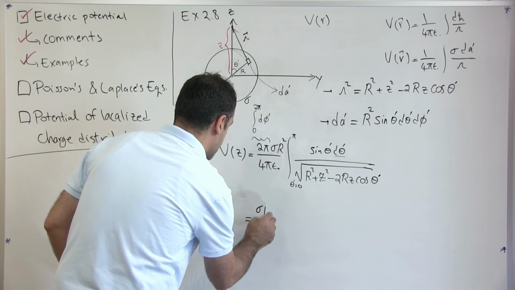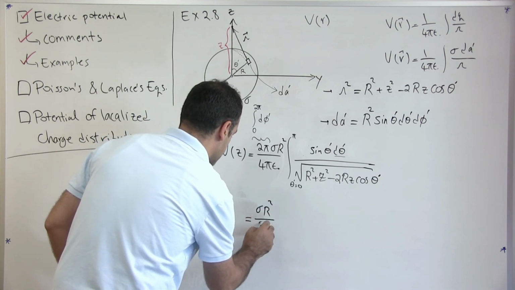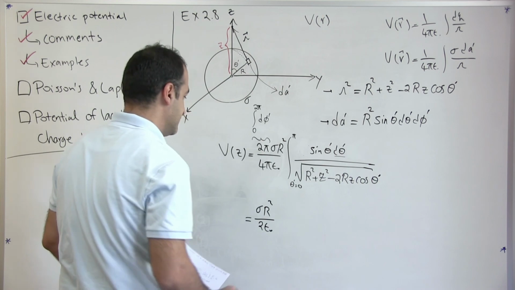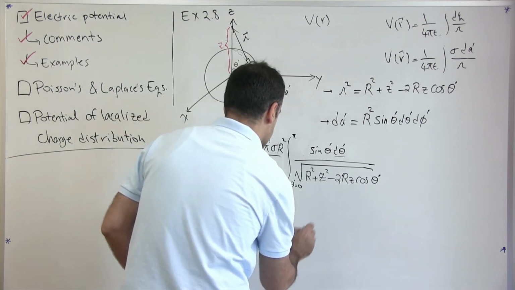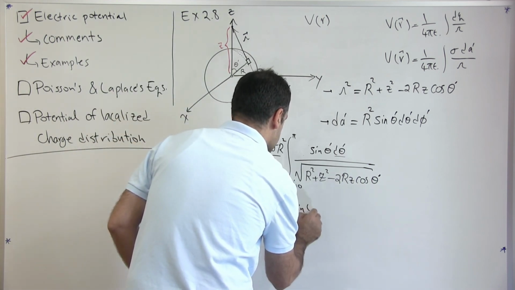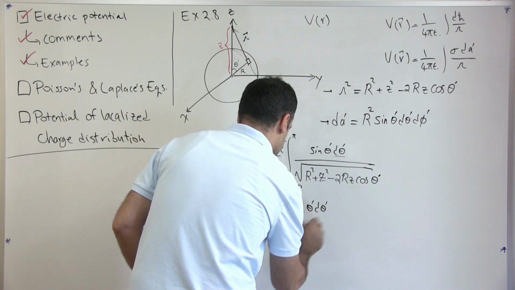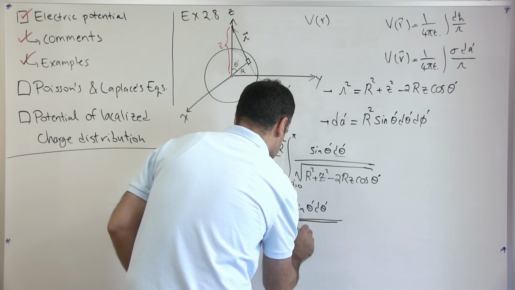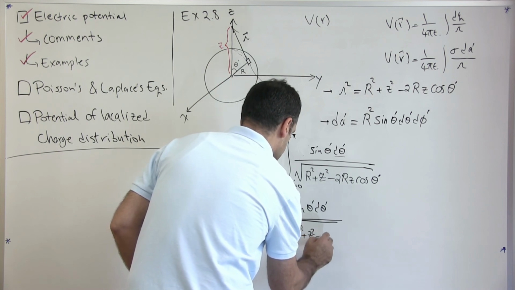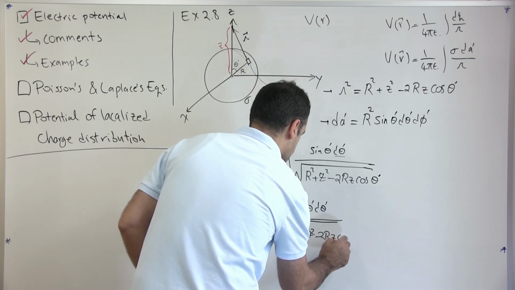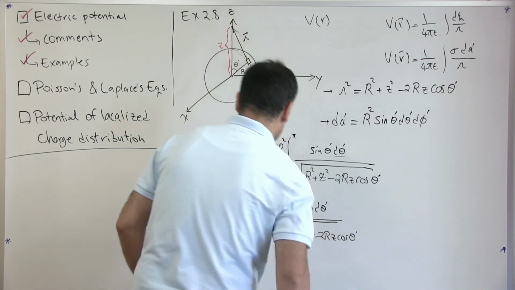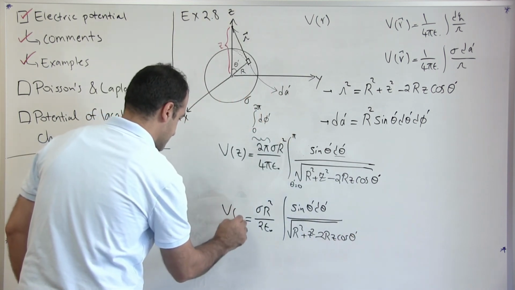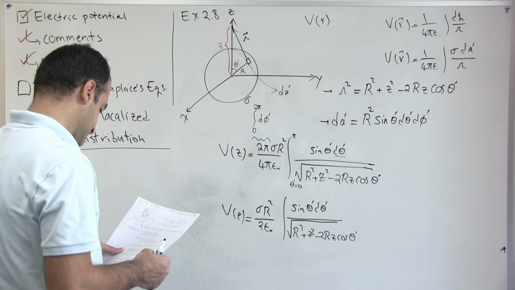We get sigma r squared over 2 epsilon 0. And here we got the integral of sine theta prime d theta prime over the square root of r squared plus c squared minus 2rc cos theta prime. Okay, so this is the V of z.